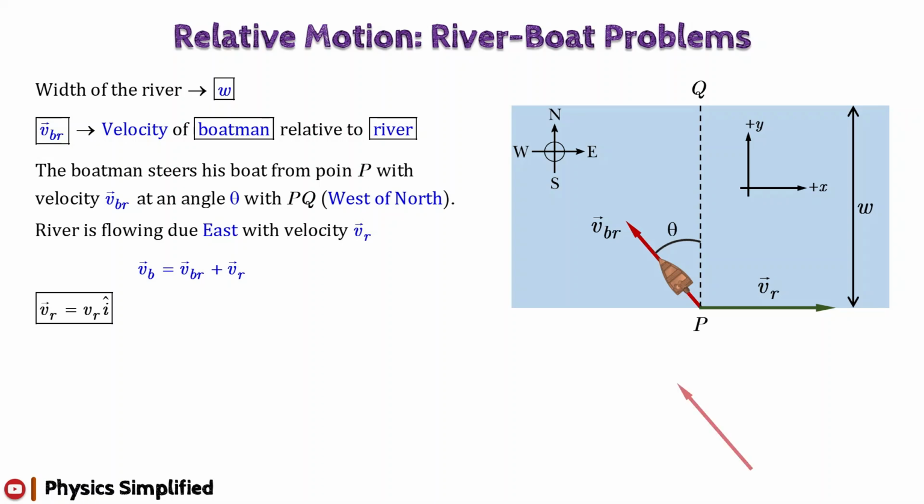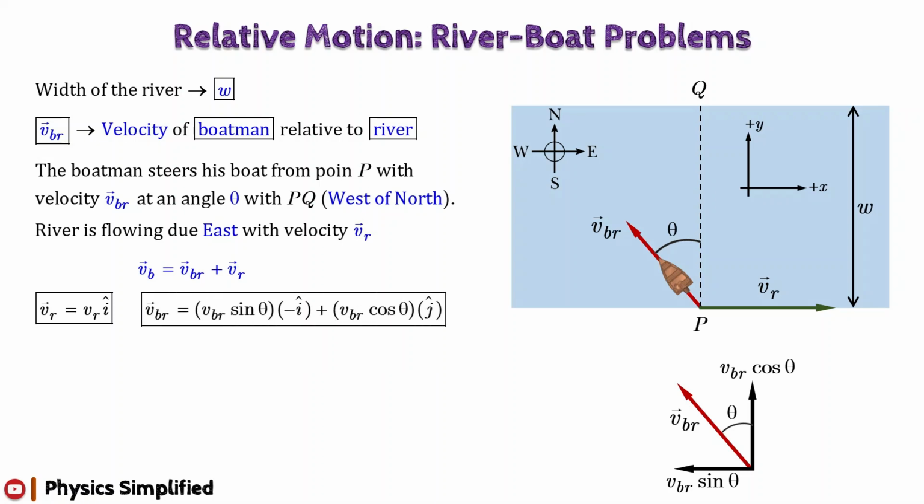According to the figure, vector v suffix br makes an angle theta with PQ, that is, with the positive y-axis upstream. Hence, the x and y components of this velocity are given by v suffix br sin theta and v suffix br cos theta, respectively. Since the x component is directed along the negative x-axis, in terms of orthogonal unit vectors, we can write vector v suffix br is equal to v suffix br sin theta negative i hat plus v suffix br cos theta j hat.